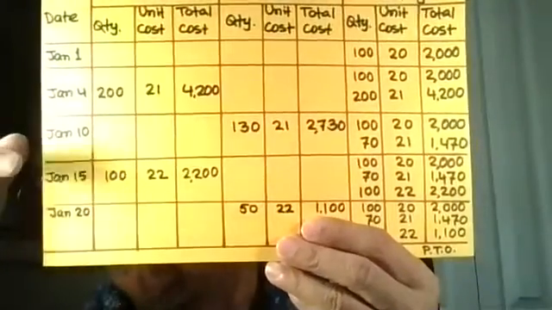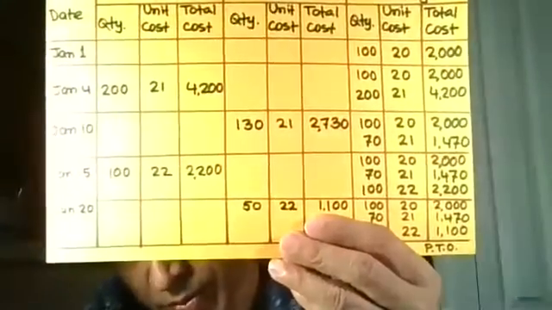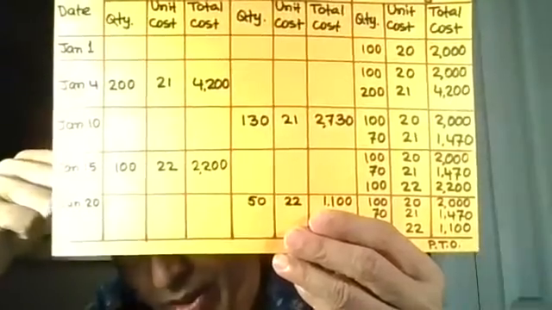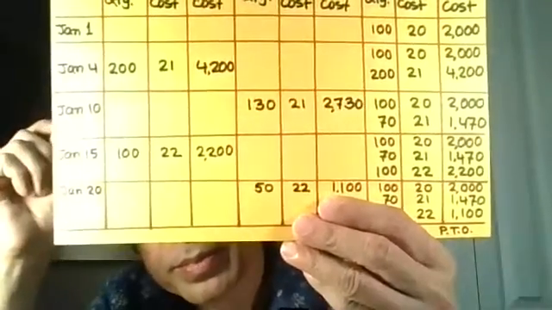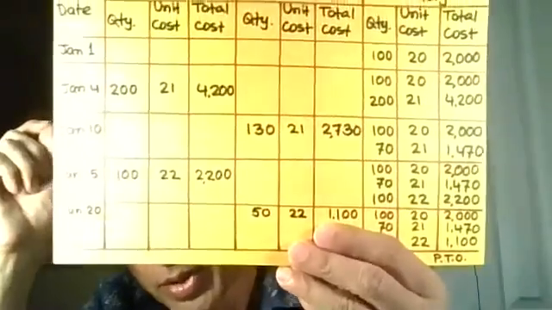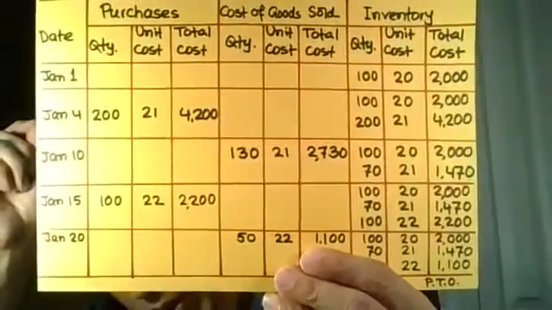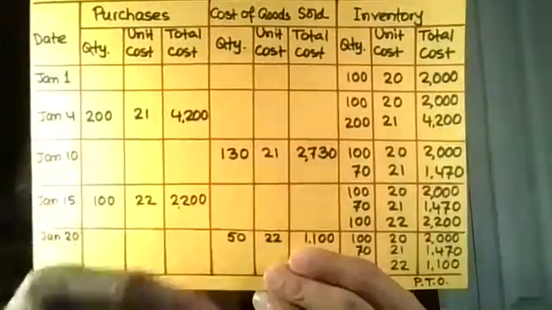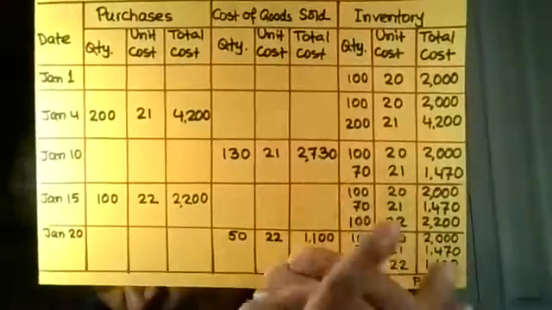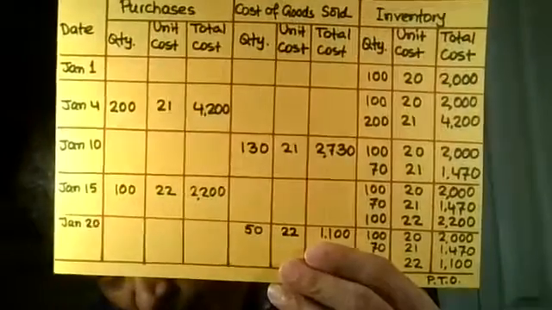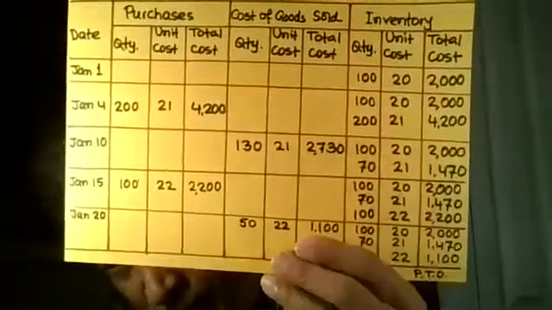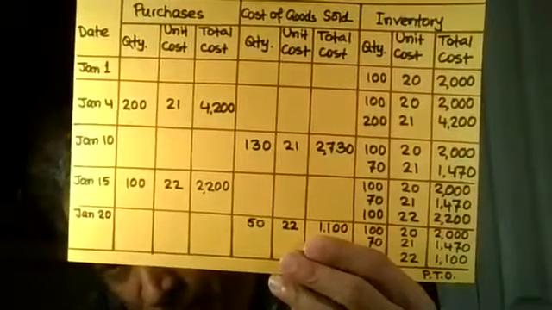Then we make a purchase of 200 units, same set of transactions as we had under FIFO. So 200 units at $21. That would make us have this stock, no difference between FIFO and LIFO so far. So 100 units at 20 and 200 units at 21.